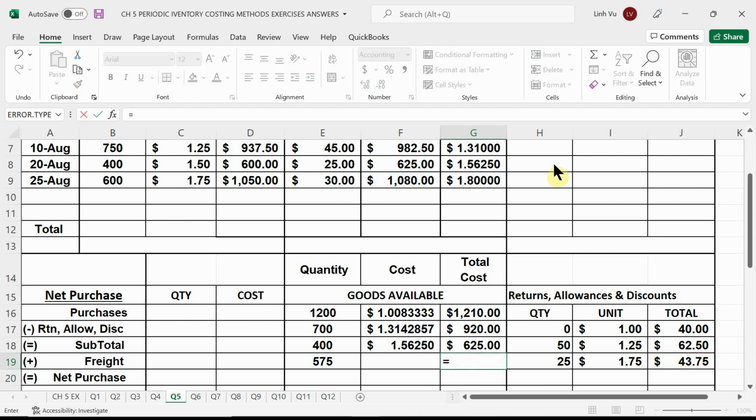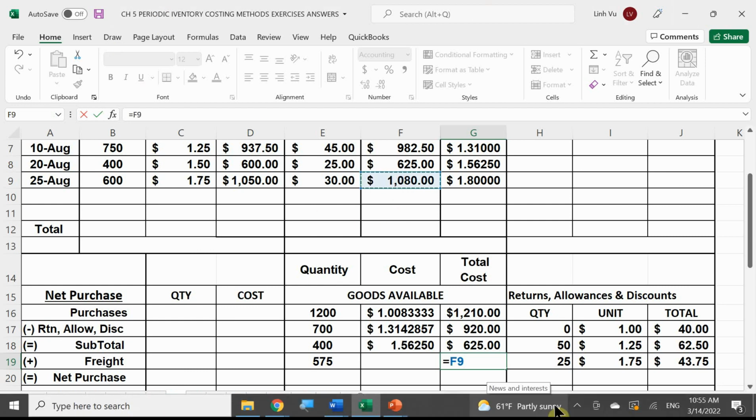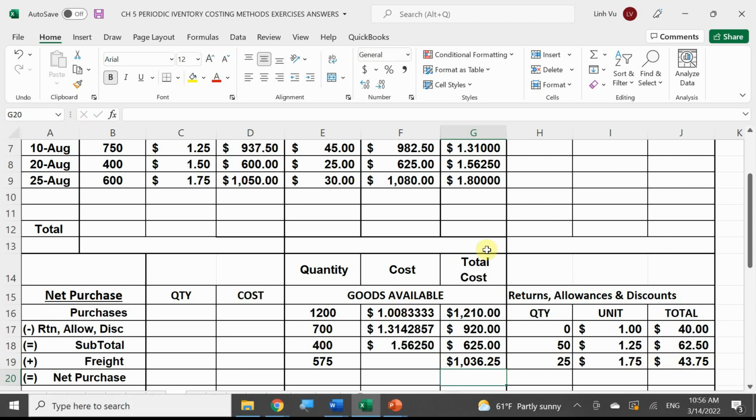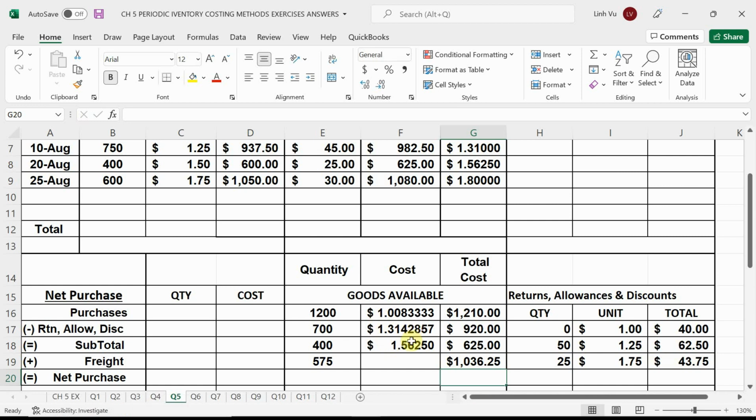Let's do that again. $43.75 is my return, but if I have to take that away from my total cost of $1,080, what's my new total cost? There we go. $1,036.25 is what I now owe. So I need to resolve for my new cost per item, which will give you $1.80 even. So in this case, it worked out evenly.